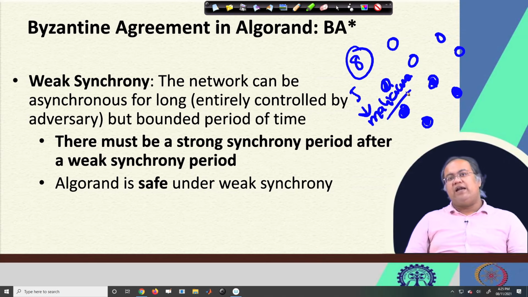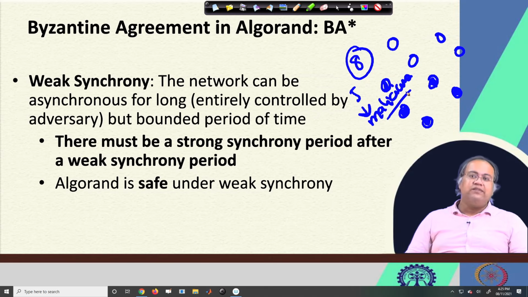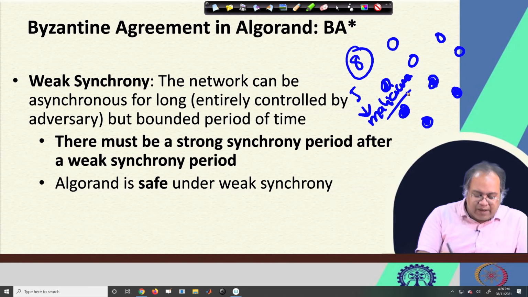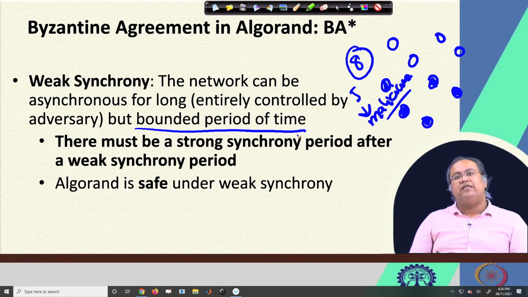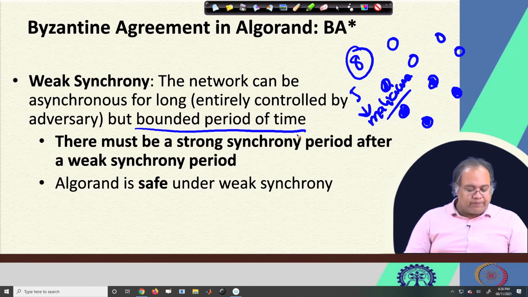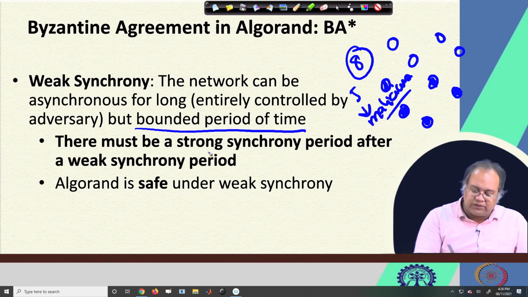When the majority are malicious users, the adversary has taken control of the network. But what the weak synchrony assumption says is that even if it happens, it cannot happen for long. There is a bounded period of time for which an adversary can take control of the network. So there must be a strong synchrony period after a weak synchrony period.